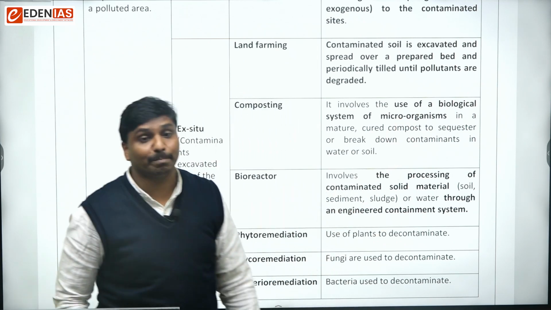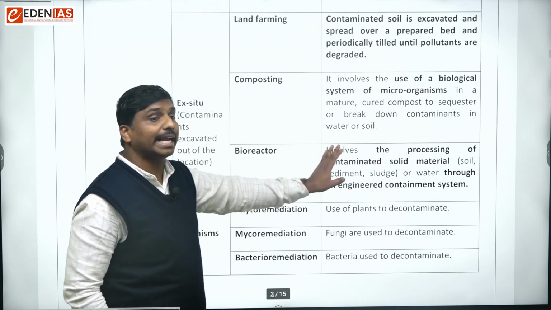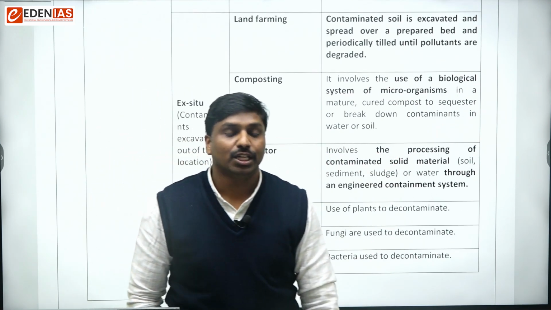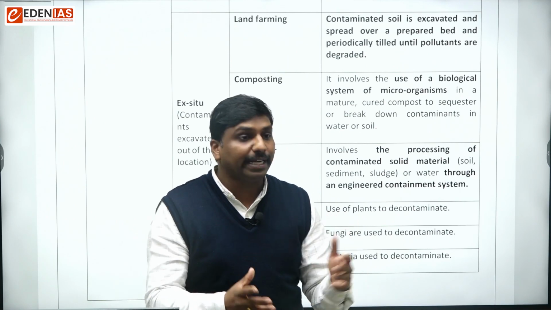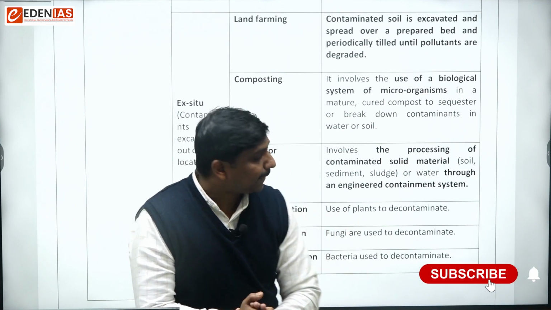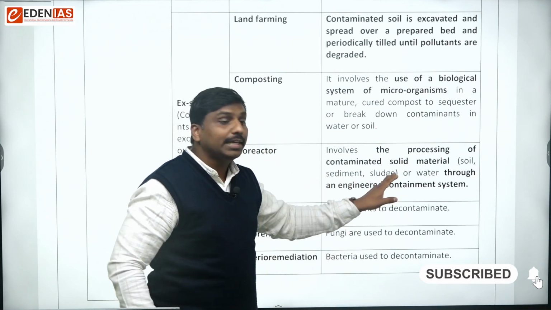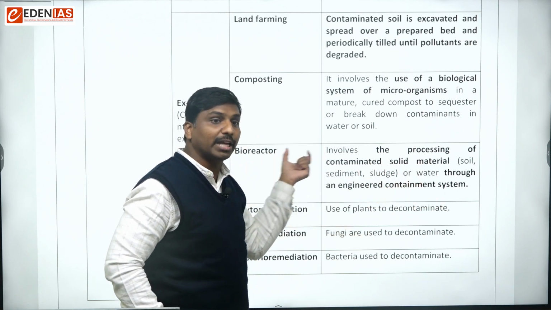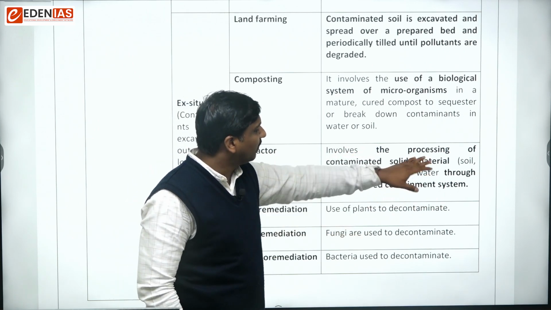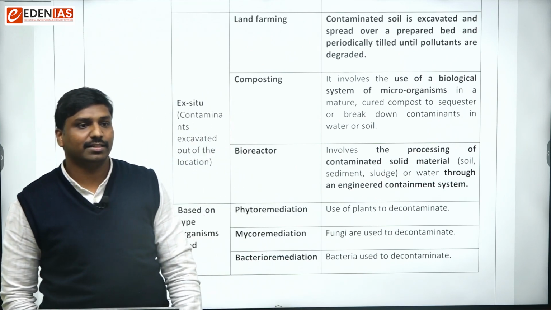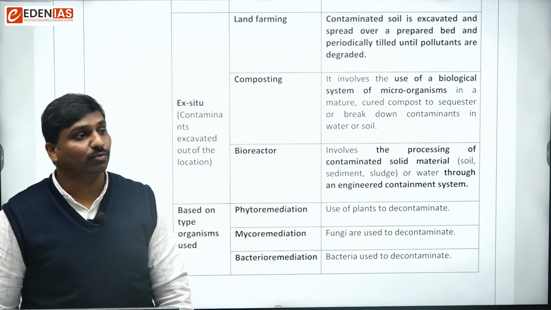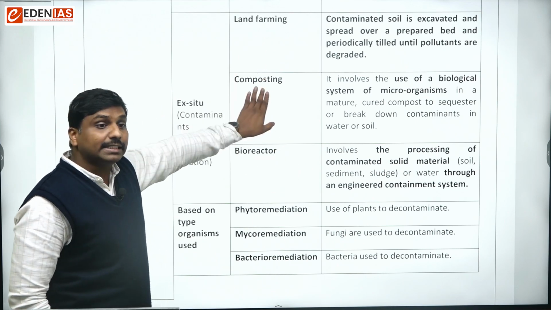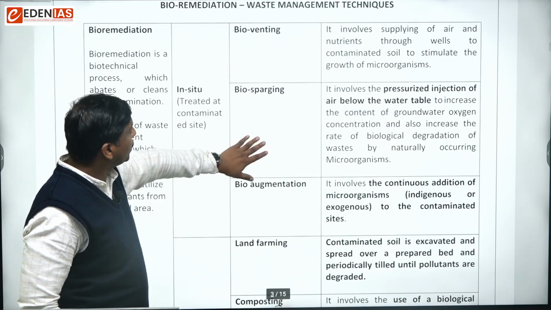Bioreactor is an engineered instrument. We try to decontaminate the pollutant with the help of an engineered system or a machine. That is nothing but a bioreactor. There we process the solid materials in the reactor. That method is known as bioreactor. So these three are ex situ methods, and the earlier three are in situ methods.